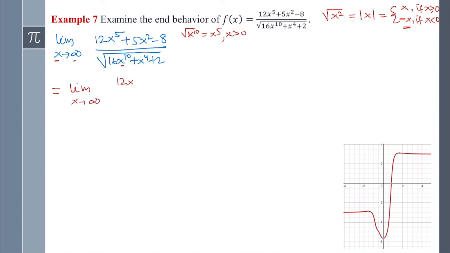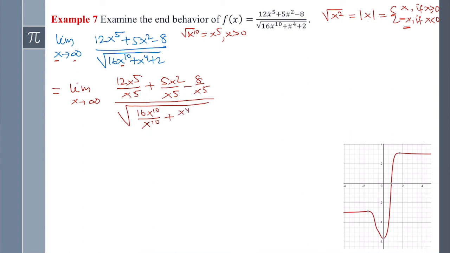So 12x to the 5th divided by x to the 5th plus 5x squared divided by x to the 5th minus 8 over x to the 5th. Everything divided by the square root of, but now when we divide inside the square root, we divide by x to the 10th. So 16x to the 10th divided by x to the 10th plus x to the 4th divided by x to the 10th plus 2 over x to the 10th.